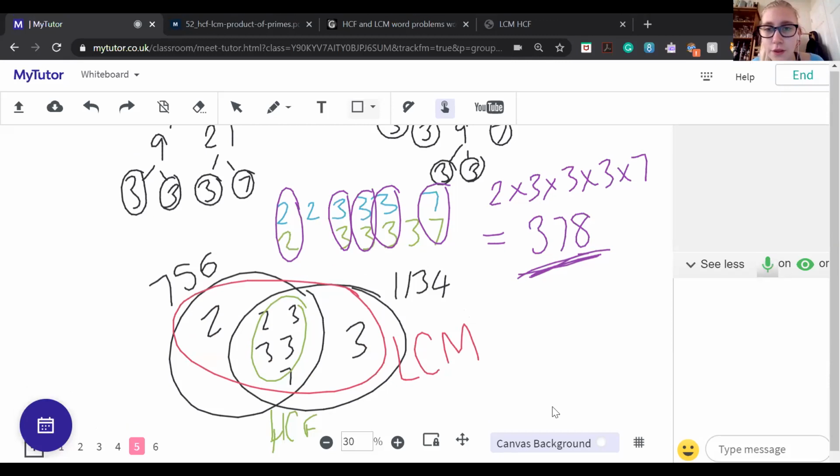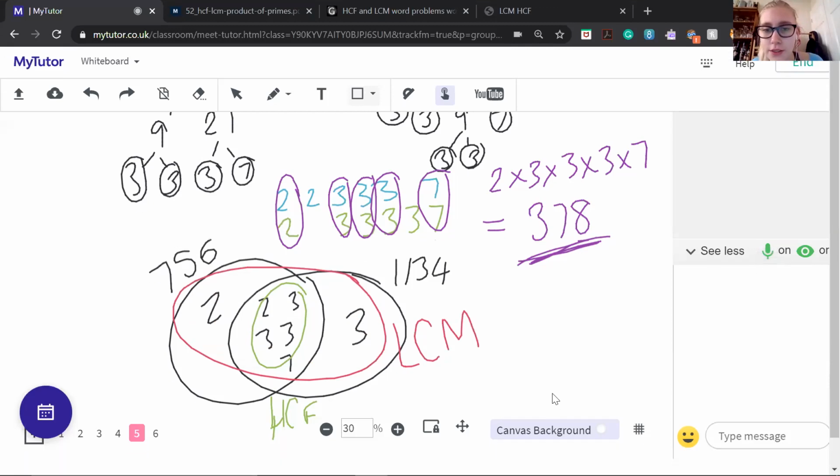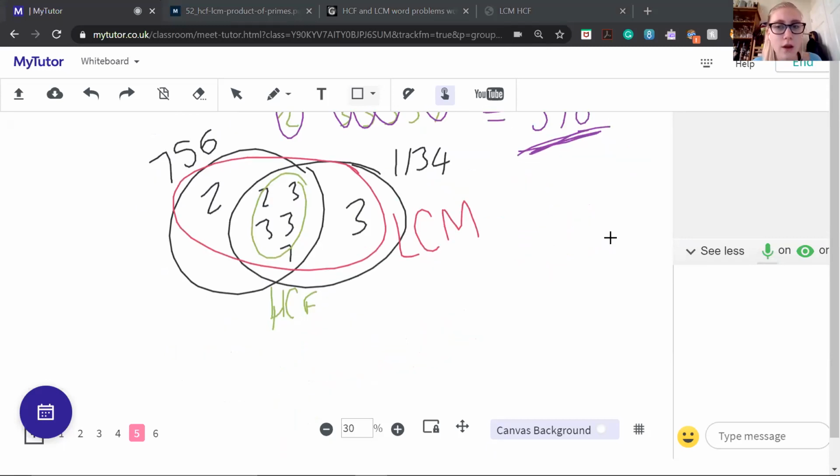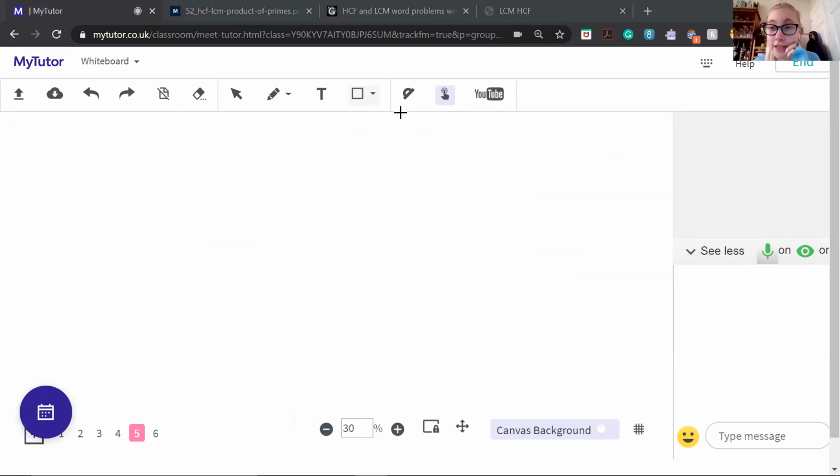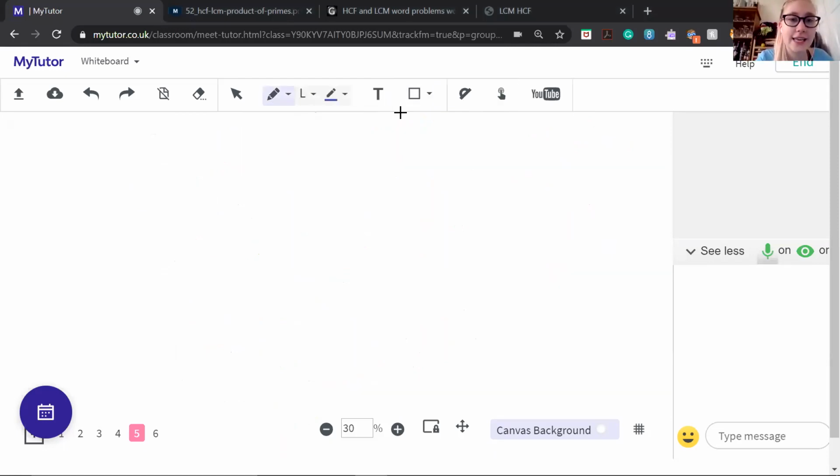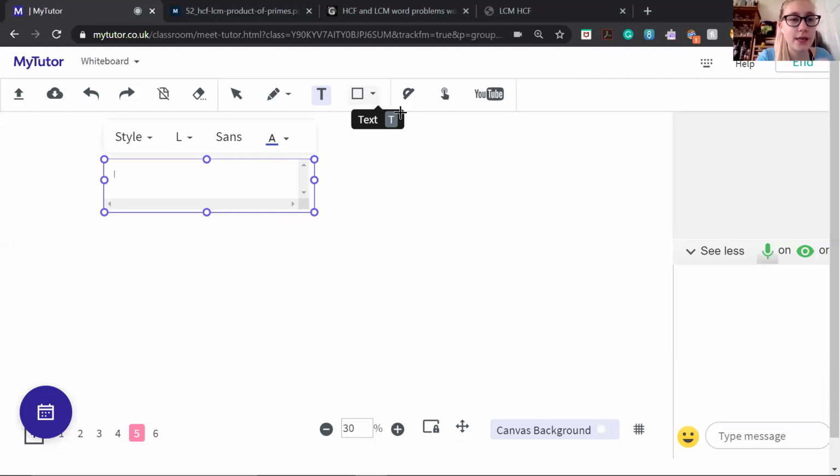Shall I go over one with 3 numbers? That was a question. So someone's asked about finding it between three numbers, whether that's the same method. Yes, it is. I'll show you. So let me come up with a question. Let's do lowest common multiple because it's a bit harder.